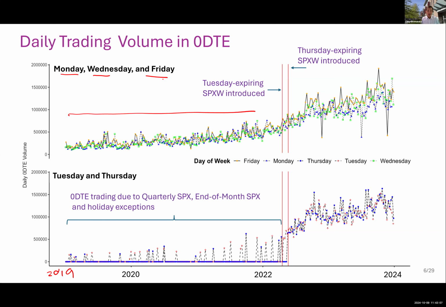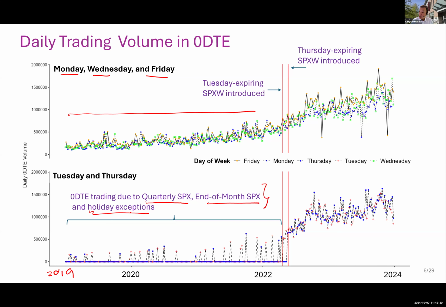All this is coming from precisely the expiration of quarterly SPX, the end of the month SPX, and the holiday exceptions. So Tuesday and Thursday 0 DTE did exist during our earlier period because of these exceptions.